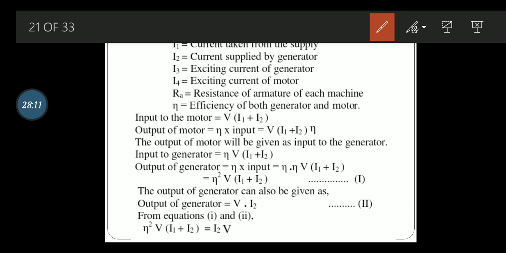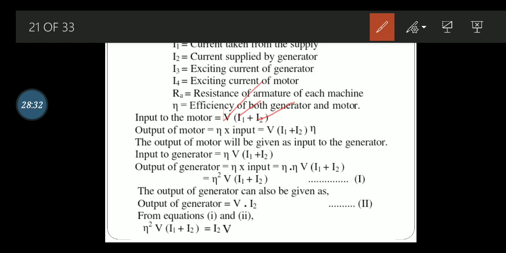The input to the motor is calculated as the current drawn by the motor, which is the combination of the supply current I1 and the generator output current I2, multiplied by the supply voltage V. This product gives the input to the motor.